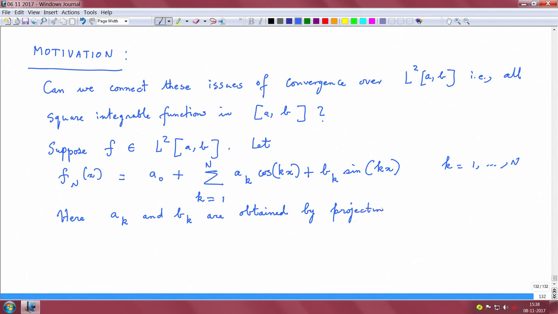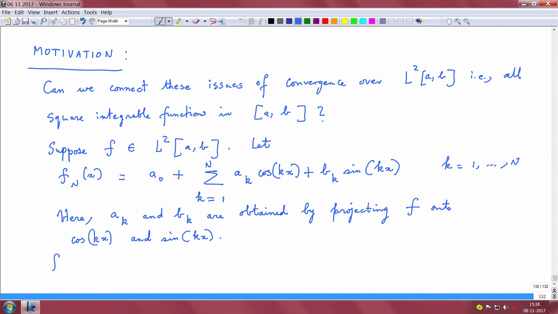by projecting f, this is a square integrable function, onto cos kx and sin kx.